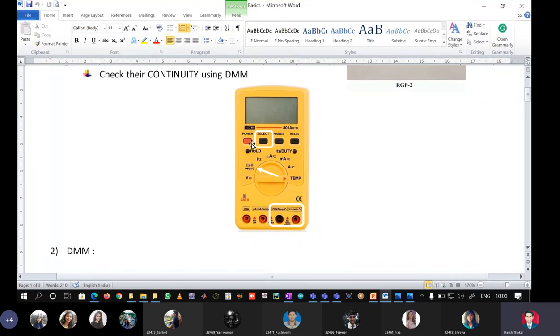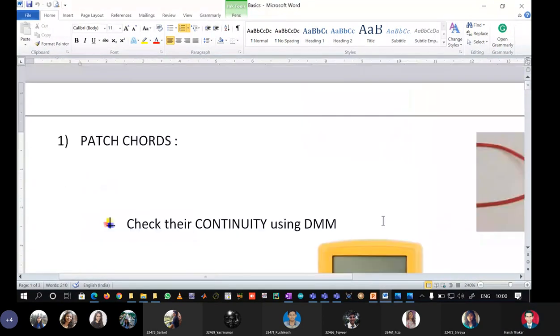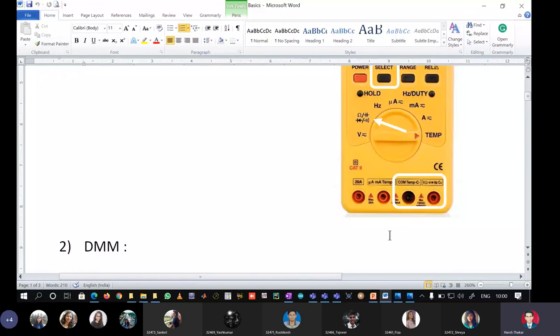Okay, and here there are some switches. These switches help us to switch between the functionality available in the sockets. For example, if I am choosing this rightmost red socket, what is written here is V, ohm, then a Wi-Fi kind of symbol, diode, Hz and C. So this rightmost red socket is used for voltage measurement, resistance measurement, continuity testing, diode testing, frequency measurement and capacitance measurement.